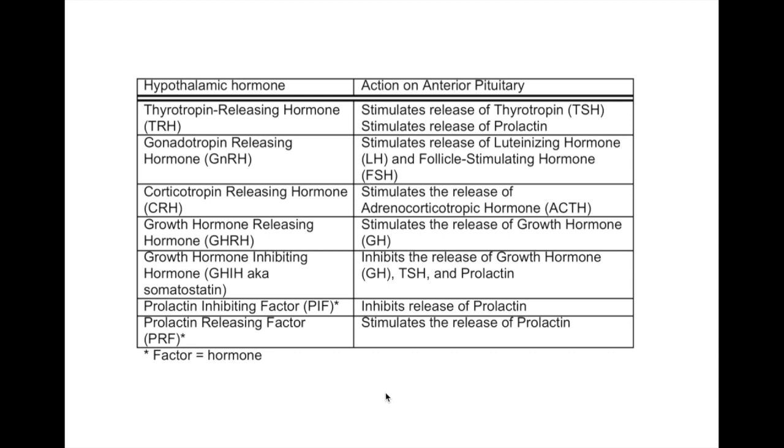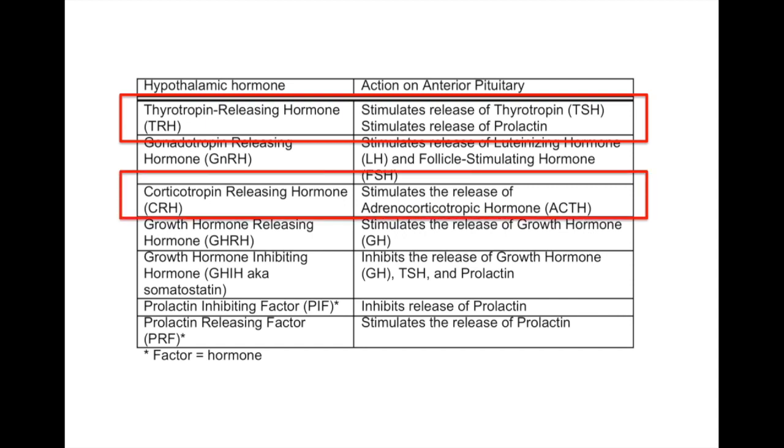Here are hormones that are passed down from the pituitary and what they do. You have thyrotropin releasing hormone, which stimulates TSH release, and also stimulates a release of prolactin. Then you have corticotropin releasing hormone that stimulates the release of adrenocorticotropic hormone, ACTH.